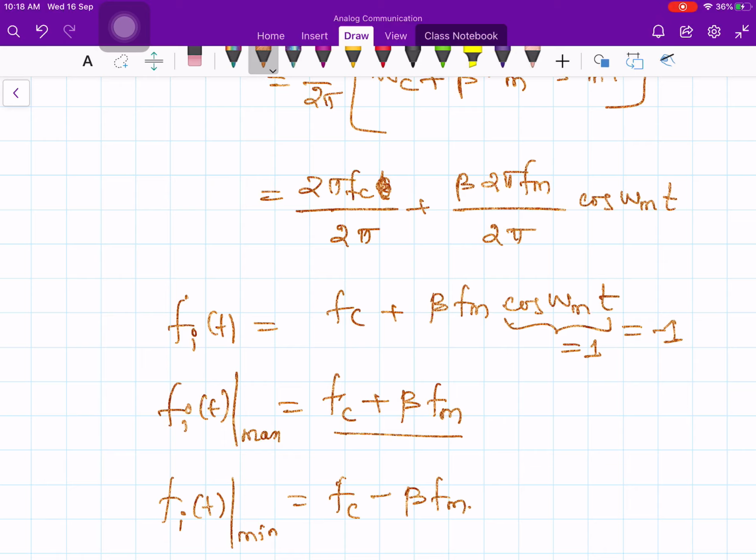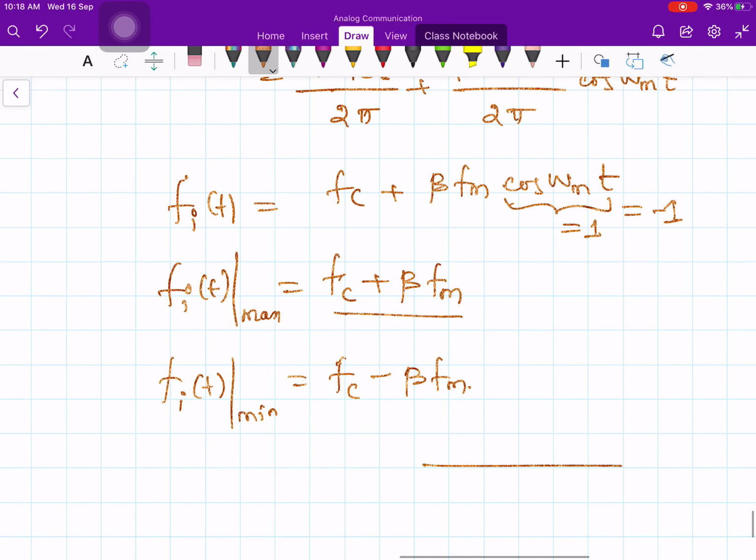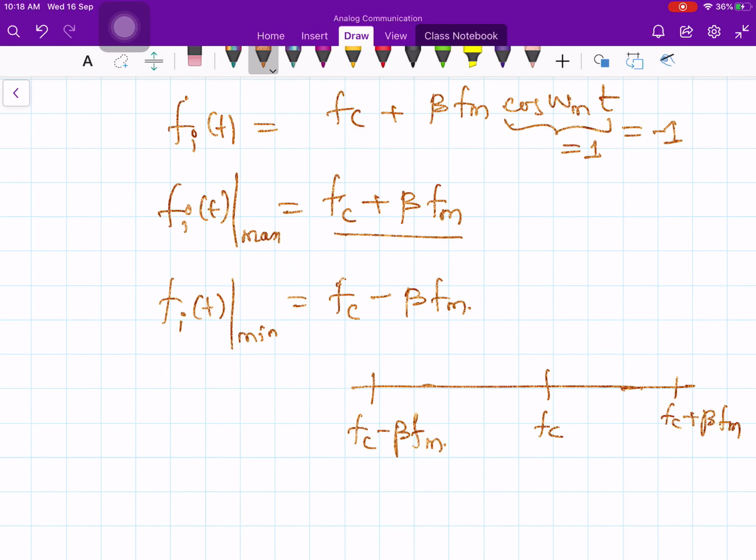So how much is it deviating from the carrier frequency? See, this is my carrier frequency fc, and it goes up to fc plus beta fm, and on the negative side, down to fc minus beta fm, right? So how much it deviates from the carrier frequency, that is called the frequency deviation.